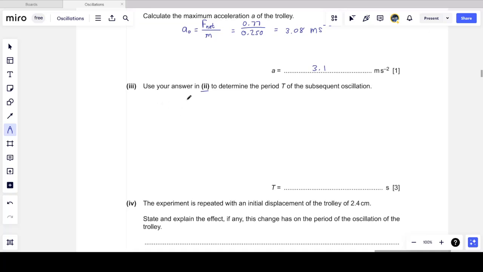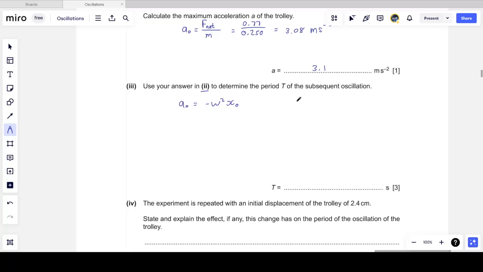Now, you have to be really good with manipulating the mathematical equations to save time in this topic. What I know is a is equal to minus omega squared x. That's given. So I can say that the maximum acceleration, which I already know, is equal to minus omega squared times the maximum displacement, x naught. But this doesn't really help me because I still need to find T somewhere in this equation.